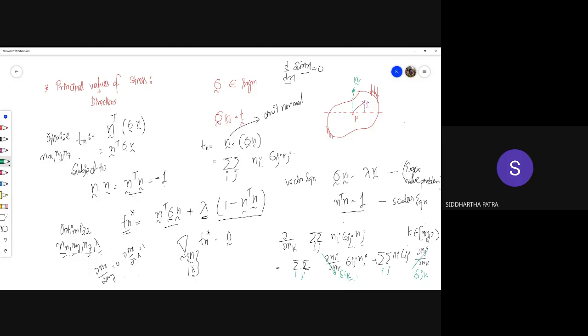But when i is also x, the value of delta xx is 1, so when i equals k, this thing survives. So I can write it as a summation involving j, with i substituted by k. That is the only term that survives. There is a summation over i, but only the terms where i equals k survive. So sigma kj nj.